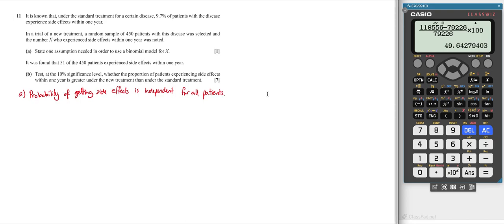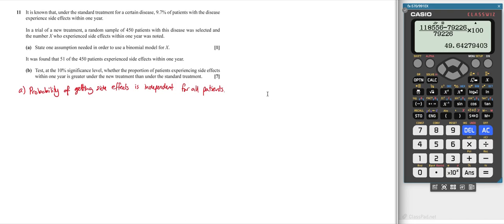It is found that 51 of the patients of the 450 experienced side effects for the year. Test at 10% whether the proportion of patients experiencing side effects is greater under the new treatment than under the standard treatment. So we said this is a binomial distribution, so X is distributed binomially, 450 people, and probability of success, in this case success is getting side effects, is 0.097.